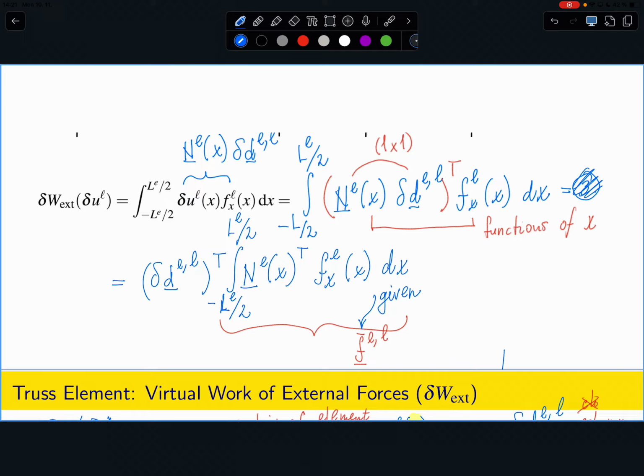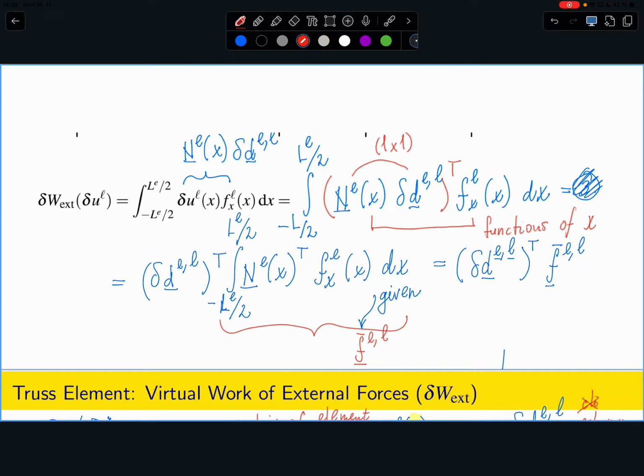So if I now do the multiplication, I will eventually find out that I'm computing the virtual displacements of the if element in the nodes, transposing it with the matrix of some forces. This is what this stands for, associated with if element and in the local coordinate system.